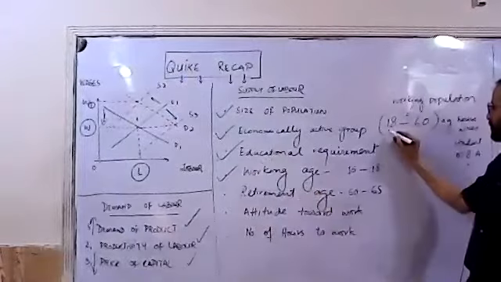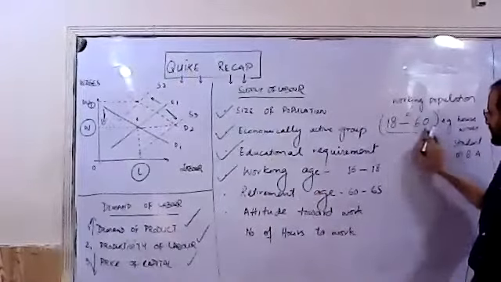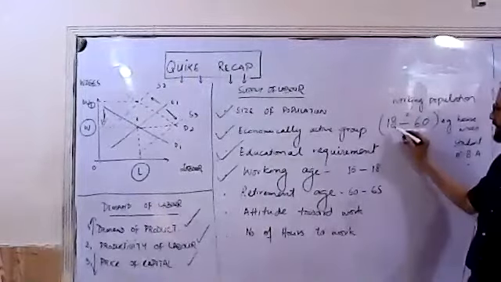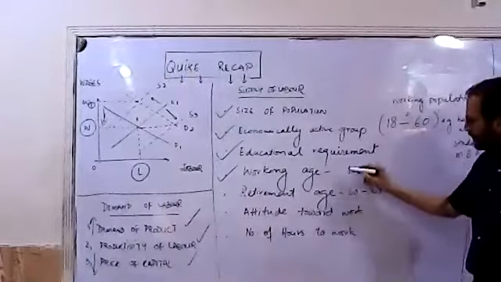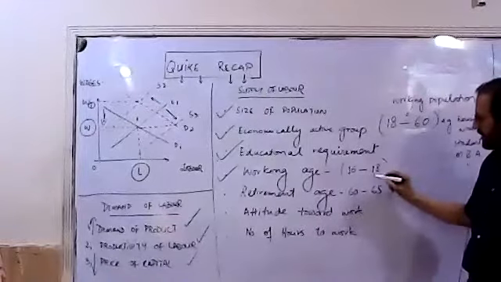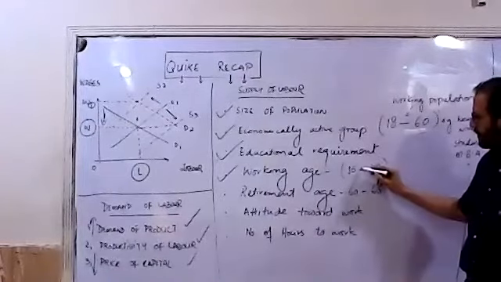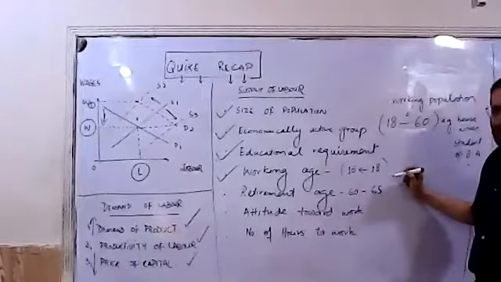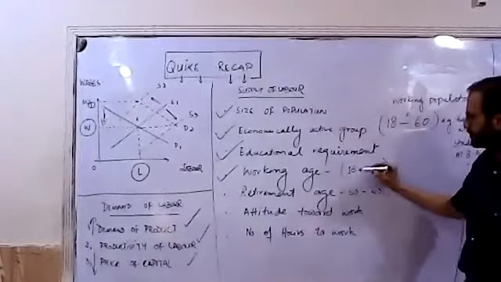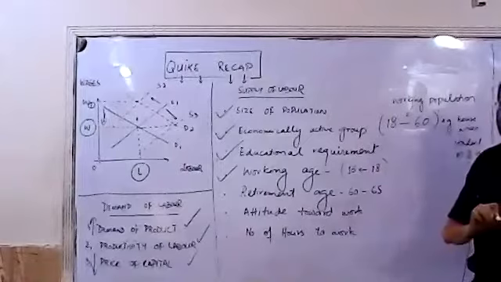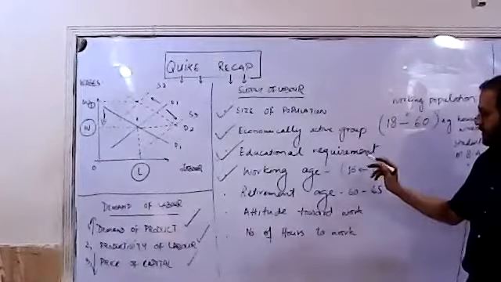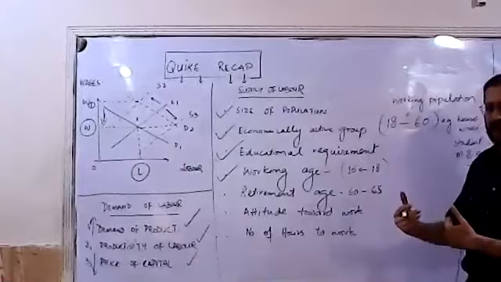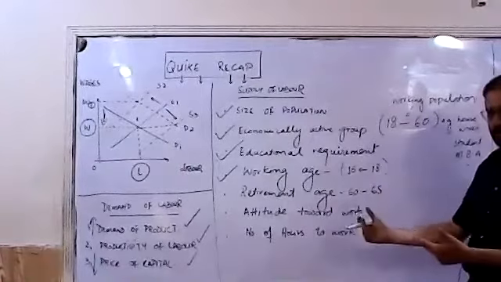Working age. Okay, already disclosed, this is the working age. You can see that this working starts from 18. So I'm placing an example over here. Let's say if any country is reducing the age limit of working, let's say from 18 to 16. So it means now we have more people available for work.